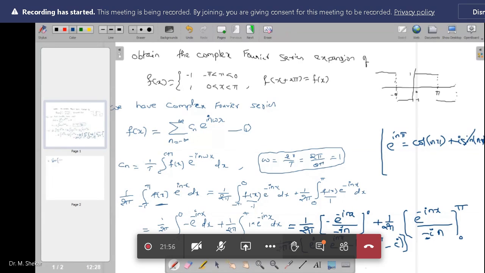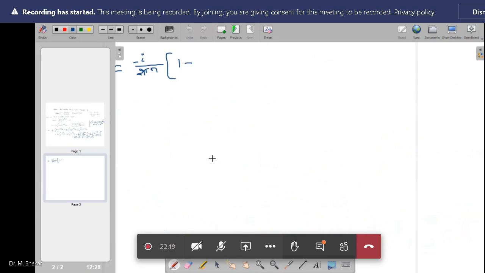Again sin n pi is 0, so we get minus 1 power n. This is the same as e power minus i n pi. Both will give minus 1 power n. So e power 0 is 1 minus minus 1 power n, again minus minus 1 power n, and the last term is plus 1.